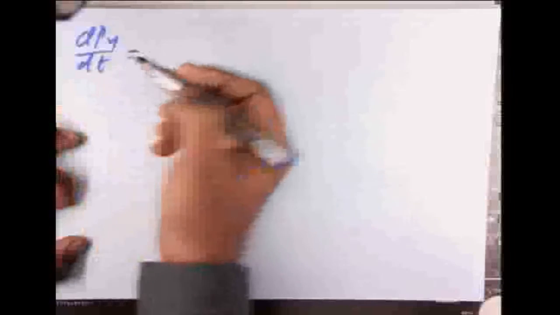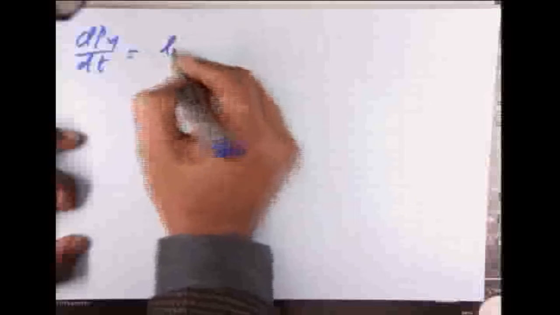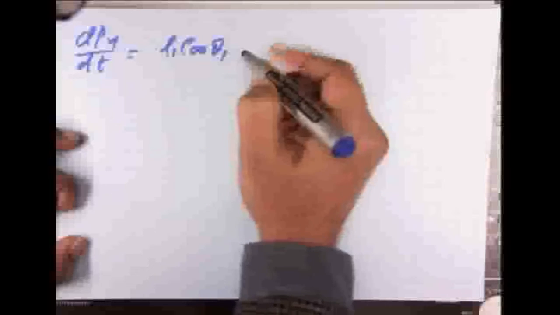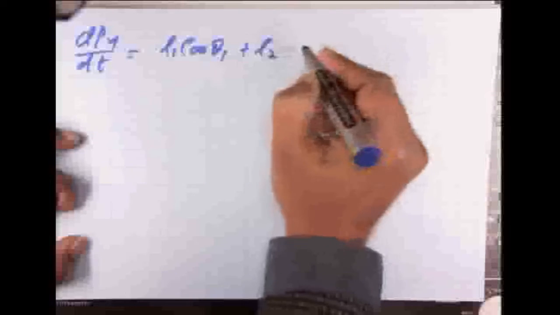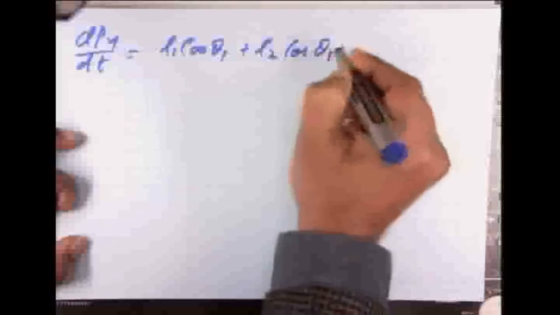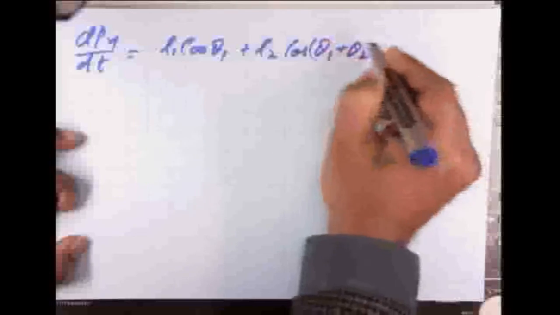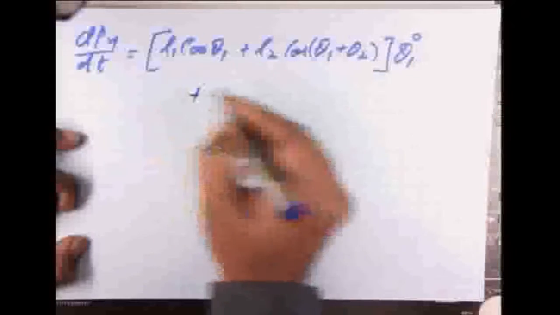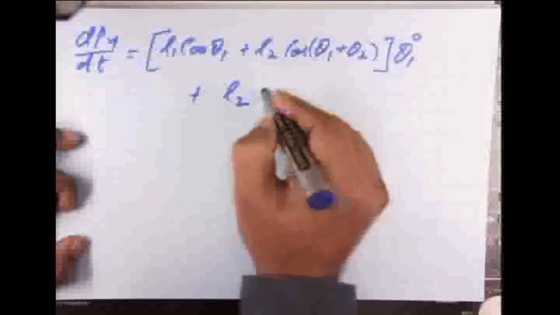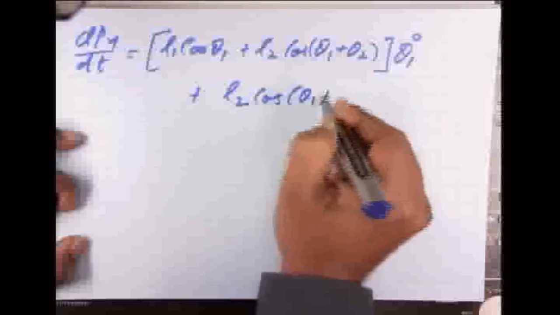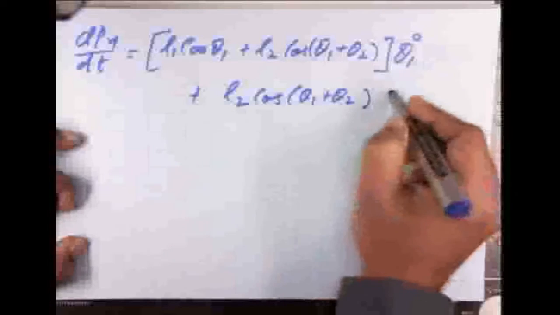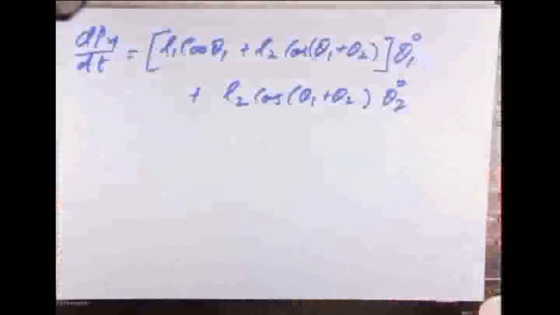If you are now interested in dpy upon dt, that will be L1 cos theta 1 plus L2 cos theta 1 plus theta 2 times theta 1 dot, okay.